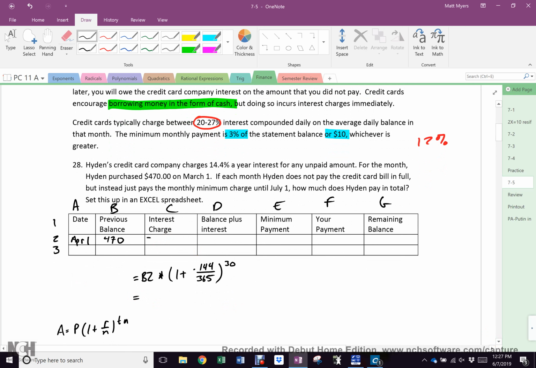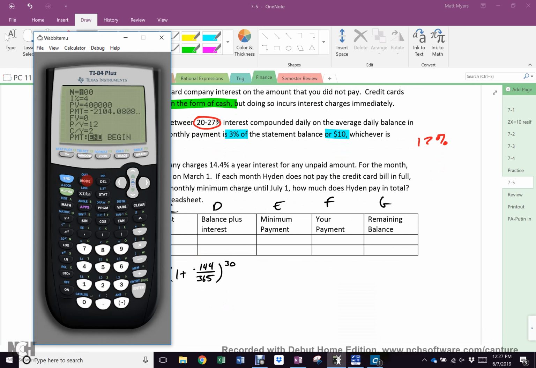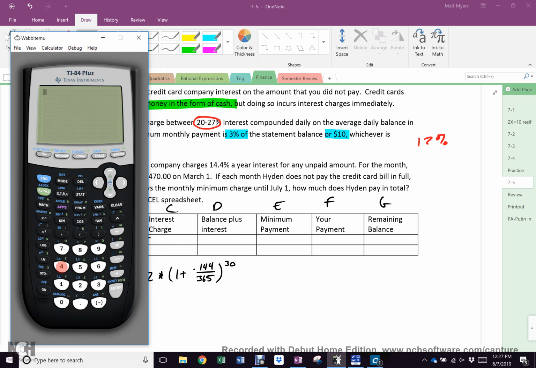So if I was going to my calculator, it would be 470 times bracket 1 plus 0.144 divided by 365, close brackets, to the power of 30.